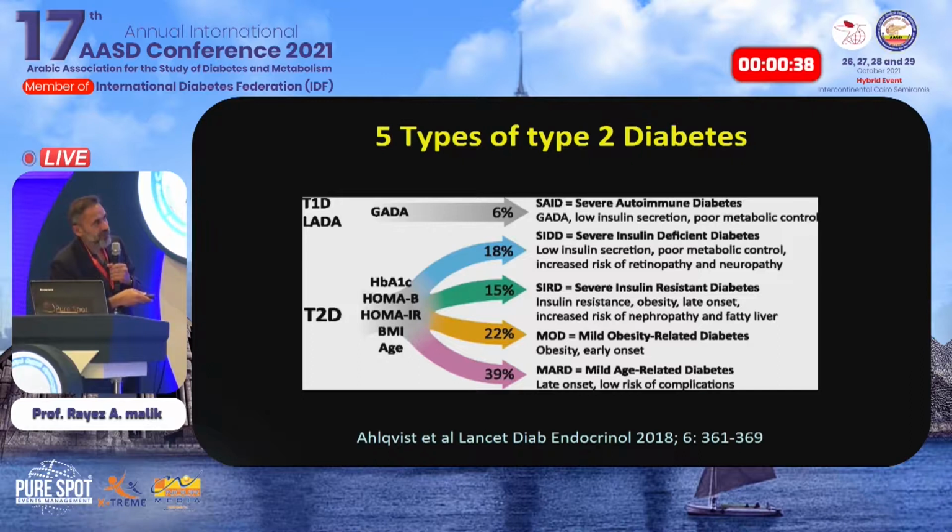We have SIRD, the severe insulin resistant diabetes. This is the overweight individual who will have obesity and an increased risk of nephropathy. And then you have mild obesity-related diabetes, which is probably the one we most commonly recognize, and then, of course, age-related diabetes, 39%.